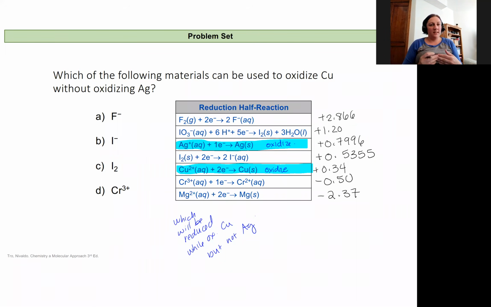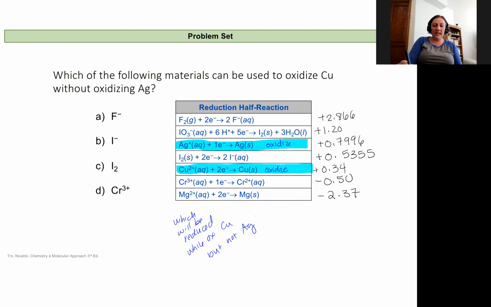And so this is thinking about it a little bit differently than we did before. Before we said that a spontaneous reaction will occur when a reduction is paired with an oxidation reaction that is lower on the table than it. And so now we're looking at an oxidation reaction of copper or an oxidation reaction of silver. And we want to know, what reduction do we pair it with?